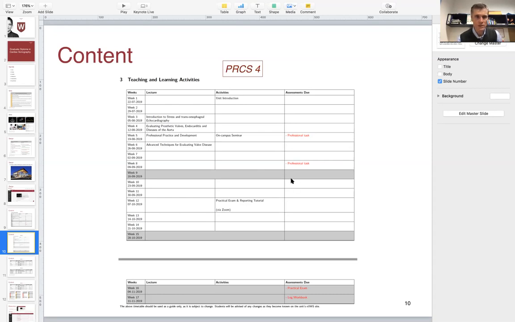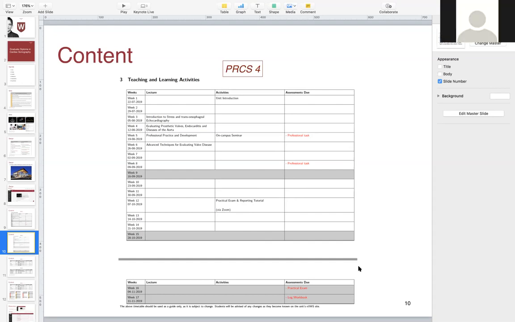There's another professional task in week 8. There'll be a Zoom meeting focused on preparing for the practical exam in week 12. The practical exam will happen in week 16 as always. I have requested the dates, but the university won't get back to us until sometime in September, so I can't confirm them yet.